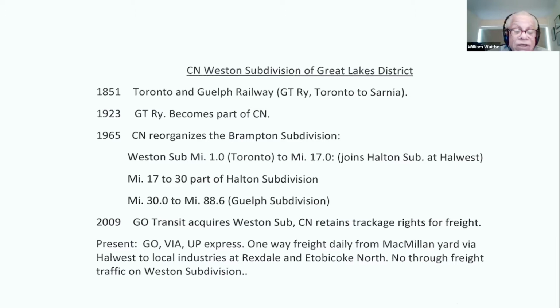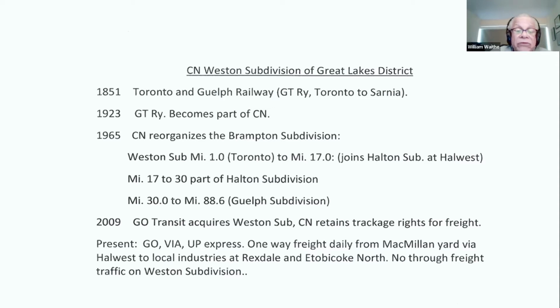Now, the only freight that is running on this area is from the Macmillan Yard to the industrial area that I pointed out on the Weston sub. There's no through freight traffic on the Weston sub.